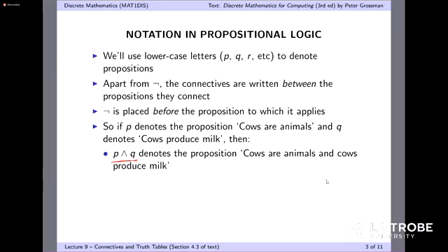The same proposition. You can skip the word cows again. So this is what P and Q stands for. That entire sentence can be squeezed into just this symbol.